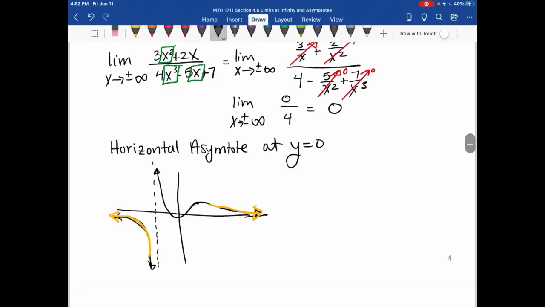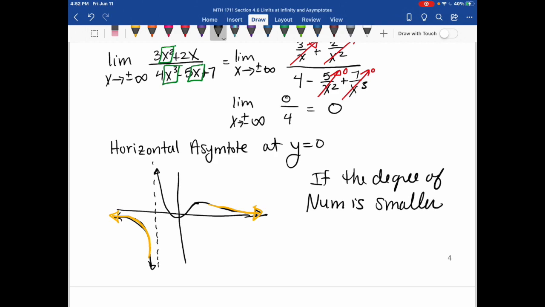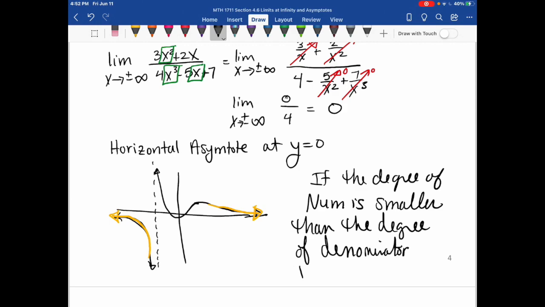Now remember, the rule when we were in college algebra, the rule was if the degree of the numerator is smaller than the degree of the denominator, then the horizontal asymptote is going to be y is equal to 0.